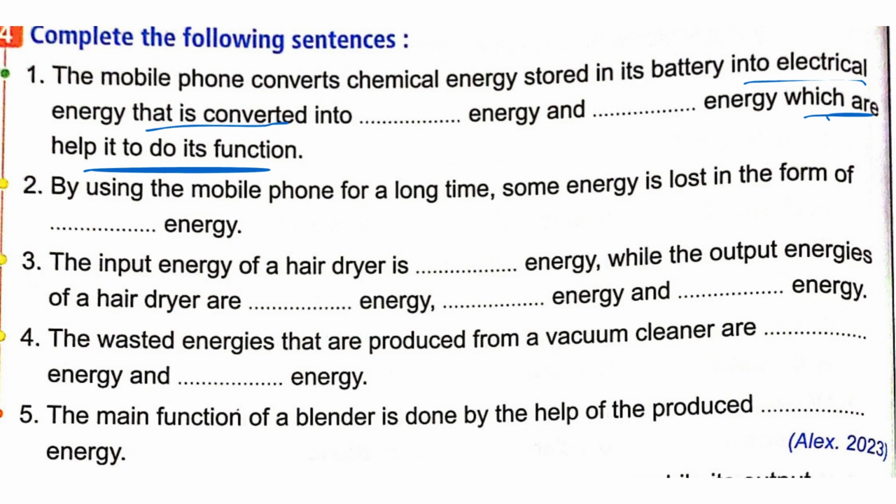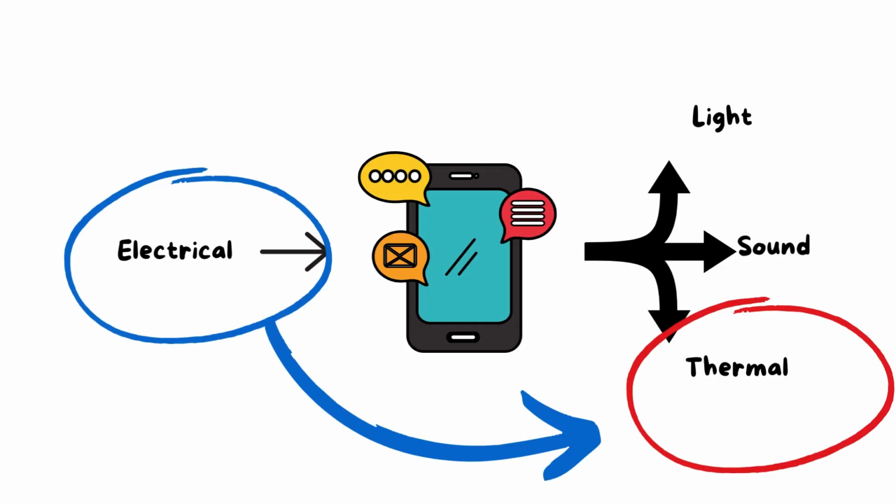So here, as you see with me, the electrical energy in the cell phone is converted into three forms of energy: light, sound, and thermal. Light and sound help the mobile phone to do its function, but thermal energy, which is the heat when we use it for a long time, doesn't help the phone to do its function.